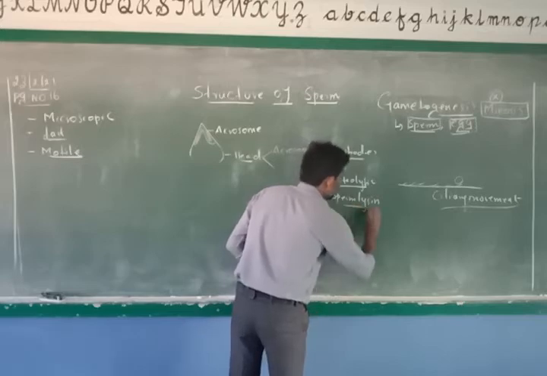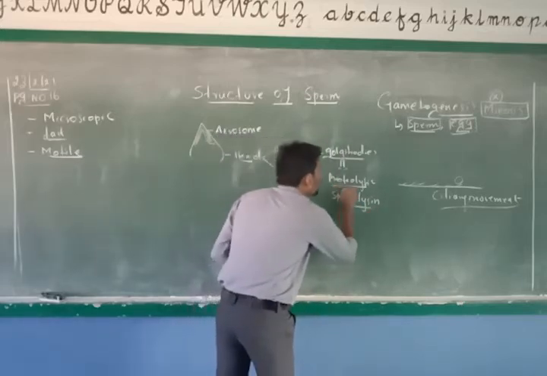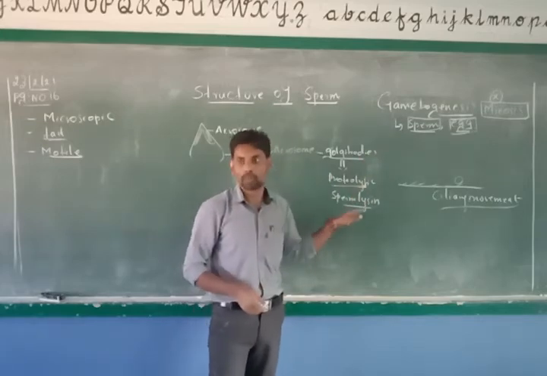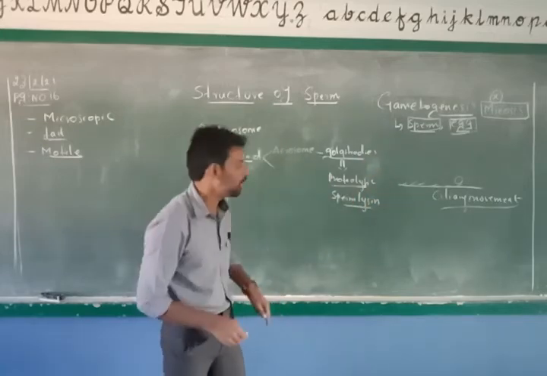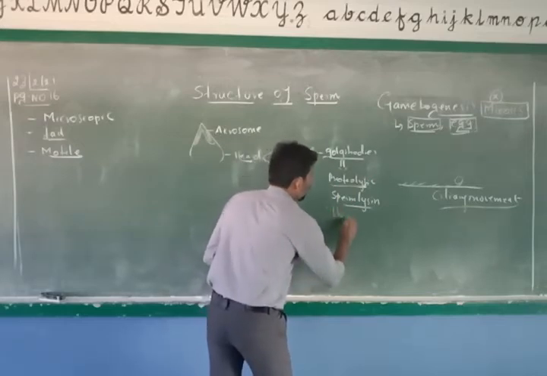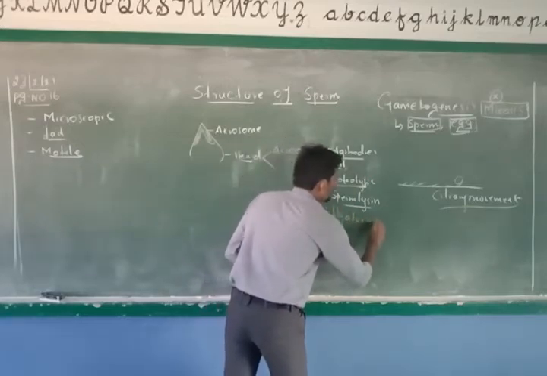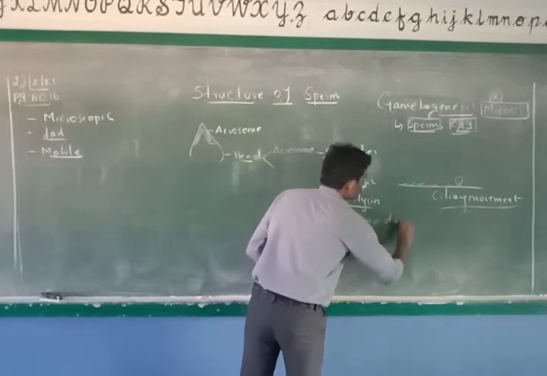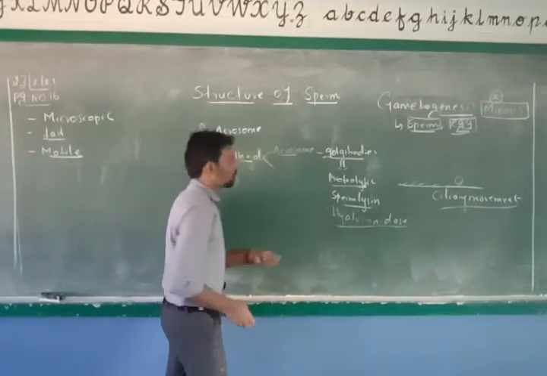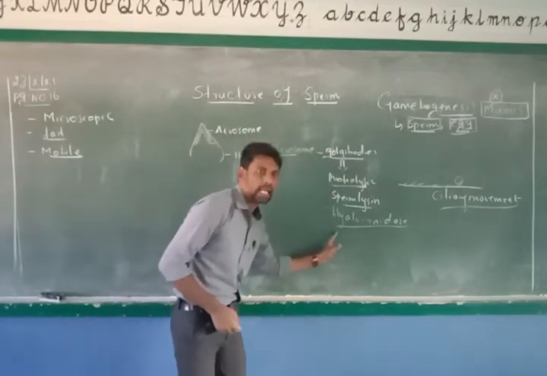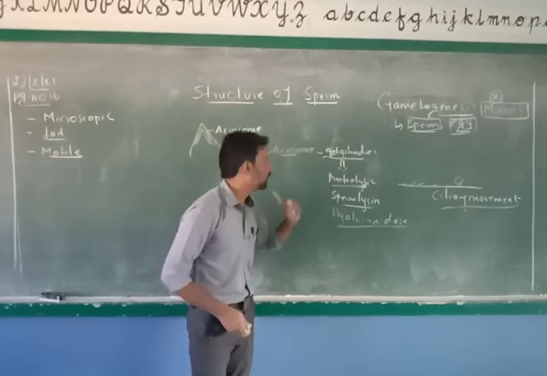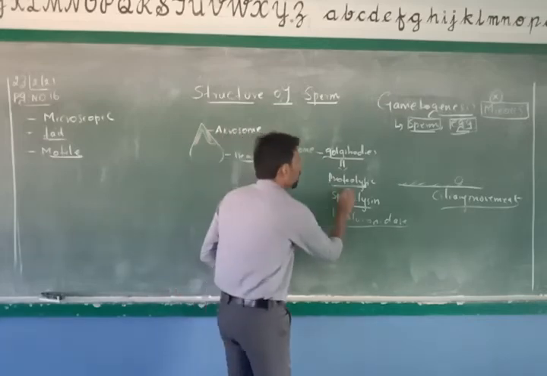It is helping to destroy the protein, or the sperm will lyse something. Lysin means to destroy, or it is otherwise called hyaluronidase enzyme. So this acrosome will produce from Golgi body an enzyme called hyaluronidase, which is also called proteolytic, or otherwise called sperm lysin.